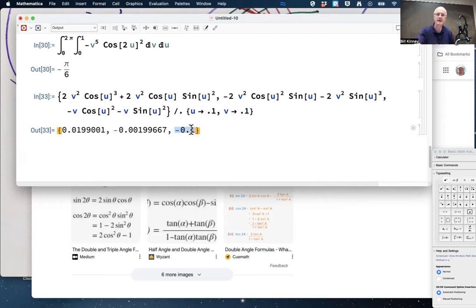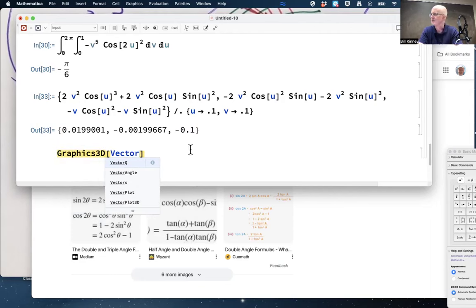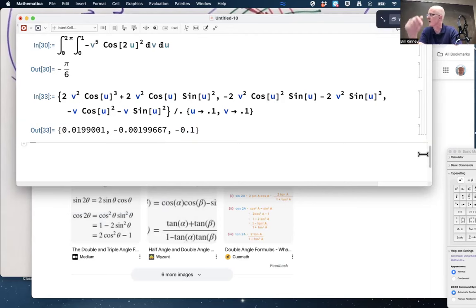Because we plugged in this point slightly different from 0, 0, and got a negative Z component, it's not pointing straight downward because the X and Y components are not 0, but it's mostly downward. We could also probably plot these vectors with Graphics3D and Vector. I won't go into details, but you probably could get Mathematica to actually graph the vectors too, to see that they're pointing downward.